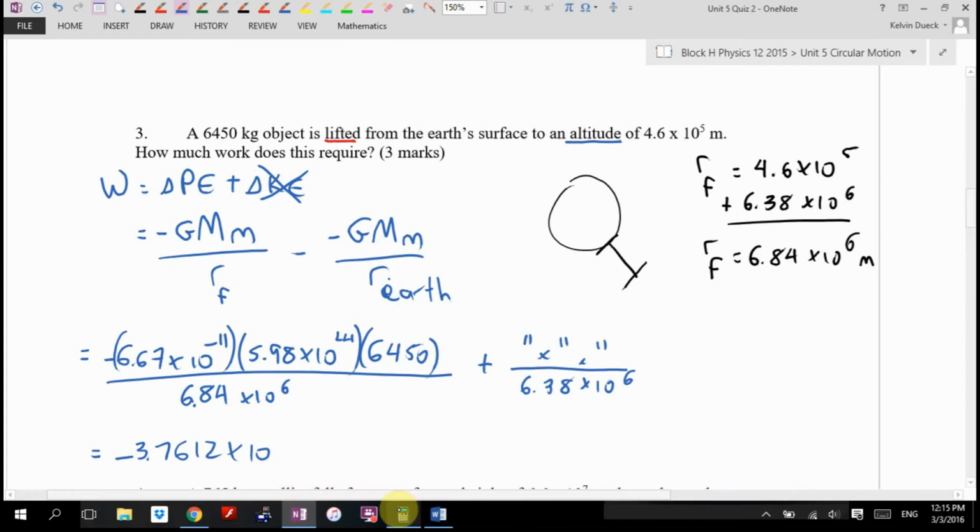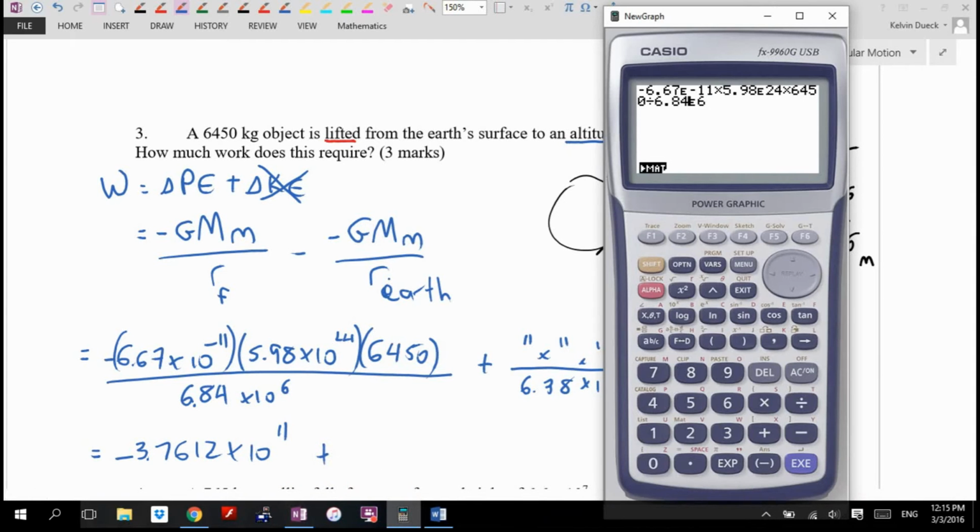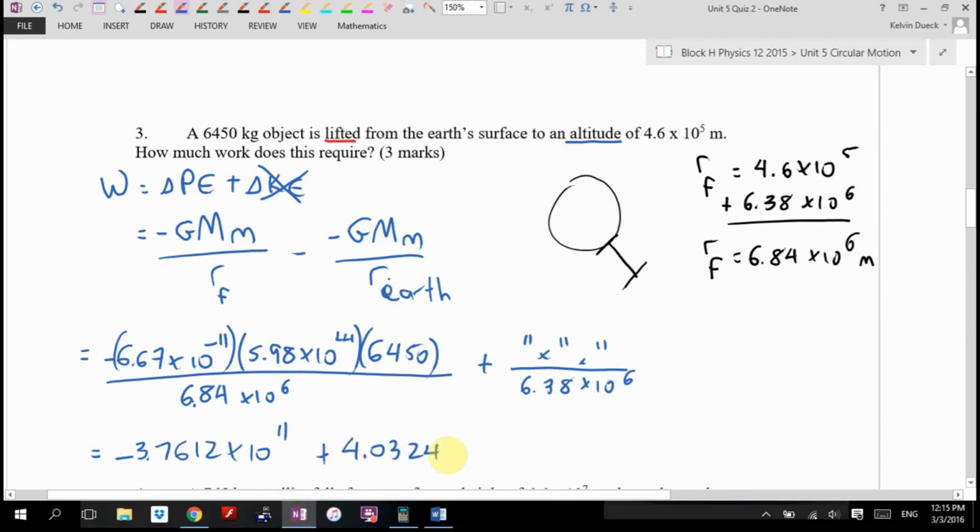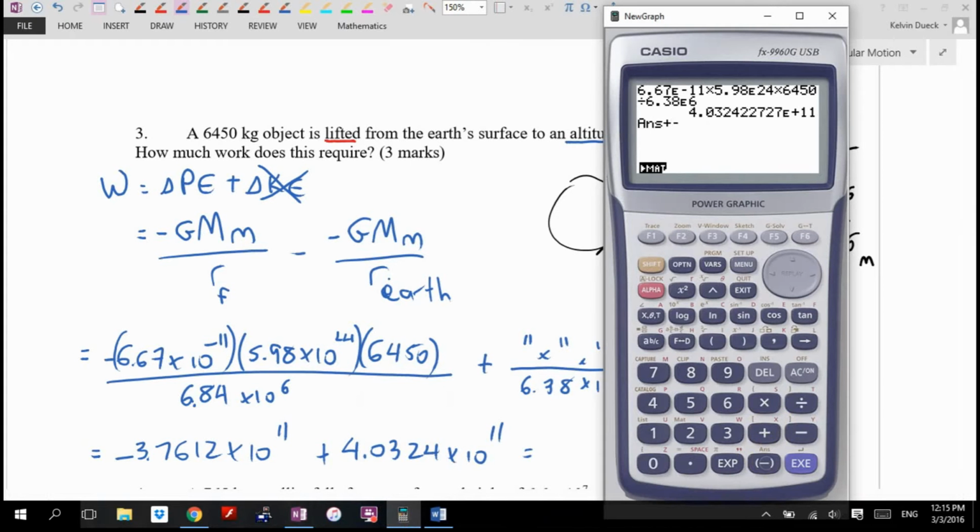times 10 to the 11th, plus, on these I think it's just back, yeah, it's the back arrow, so delete, and it's 6.38. 4.0324 times 10 to the 11th, plus negative 3.7612 times 10 to the 11th.